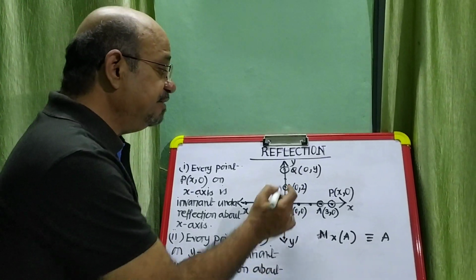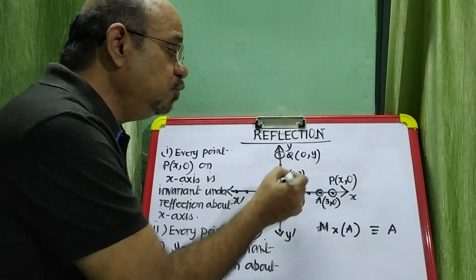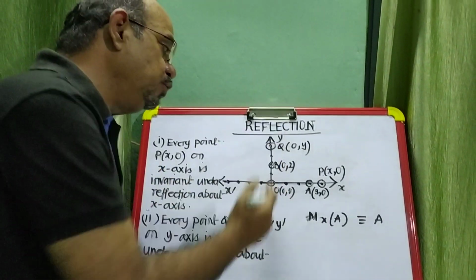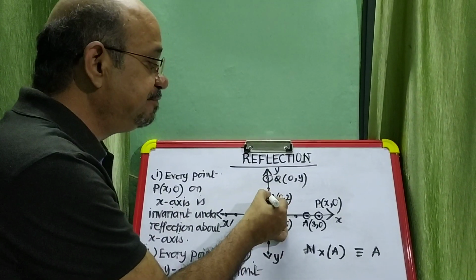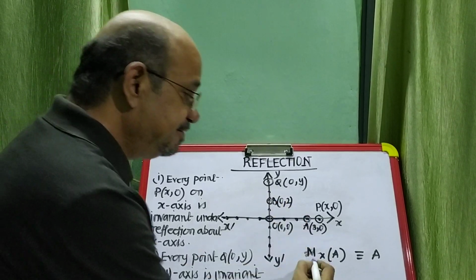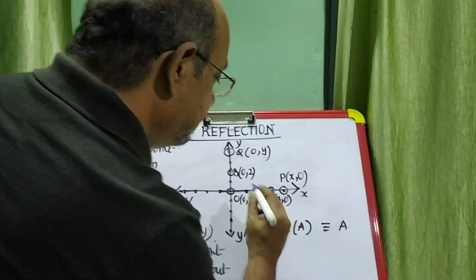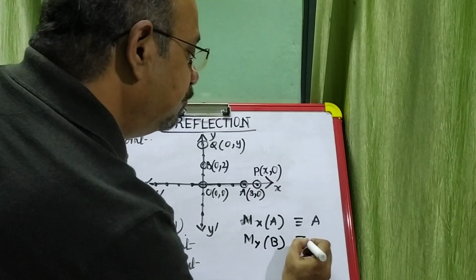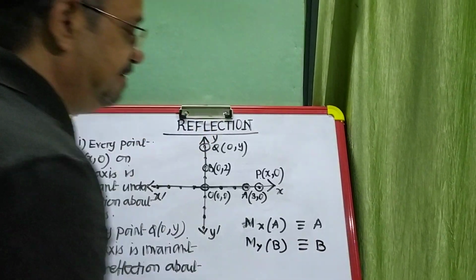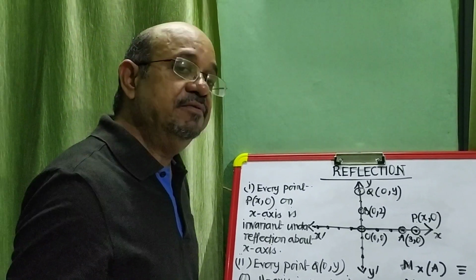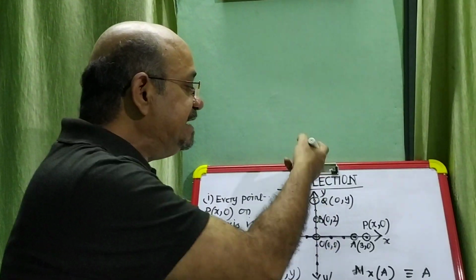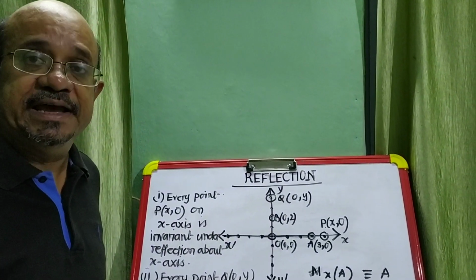Similarly, if you consider the point B(0, 2), which is on the y-axis, and you want to reflect the point about the y-axis, its distance from the y-axis is 0. So the reflection of B about the y-axis will be B itself. B will not move anywhere else. So we say B is invariant under reflection about the y-axis.